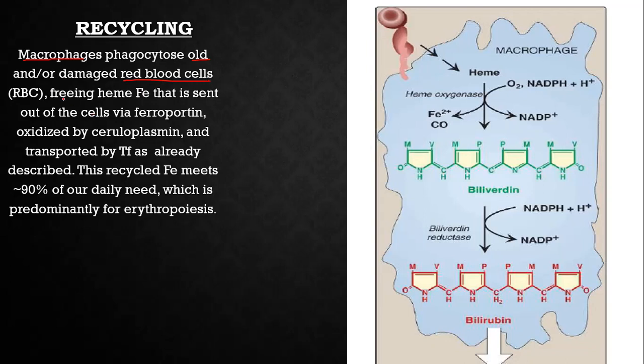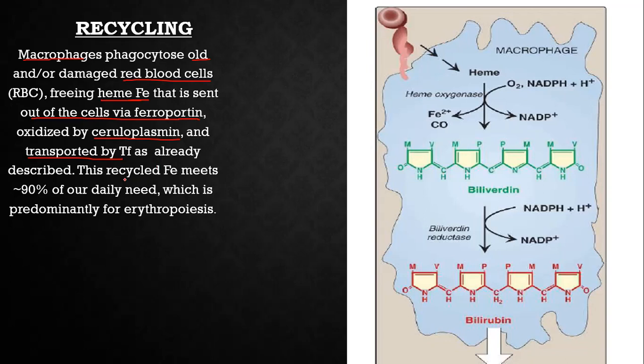Once they are damaged, they free the heme iron that is sent out of the cells. They also have a ferroportin, and as I have said, they don't have hephaestin, they have ceruloplasmin. And it will oxidize this heme iron, the ferrous form, to the ferric state, so it is bound to transferrin, and then it will be transported to the iron-requiring cells.